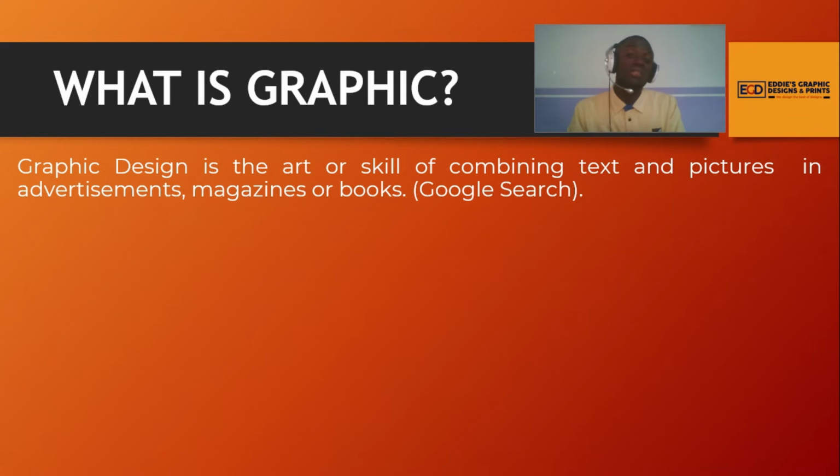I got this definition from Google. So Google is saying that graphic design is the art, the skill, the ability to combine text, meaning fonts, and also pictures, to advertise, to communicate. That is what graphic design means.